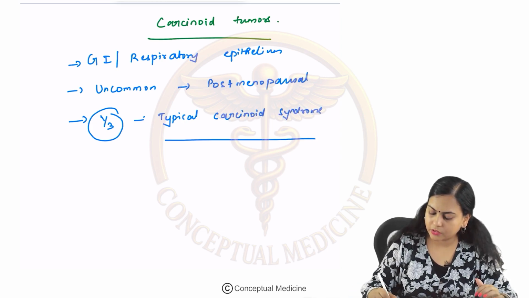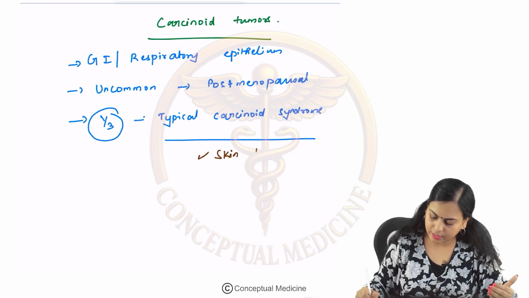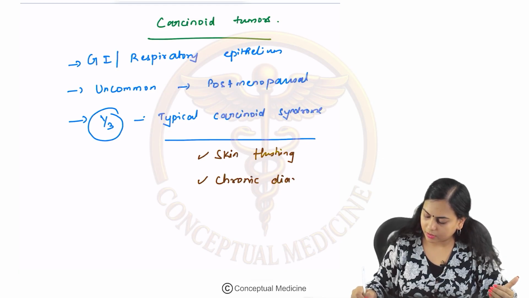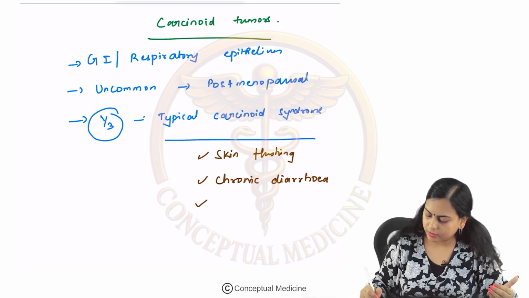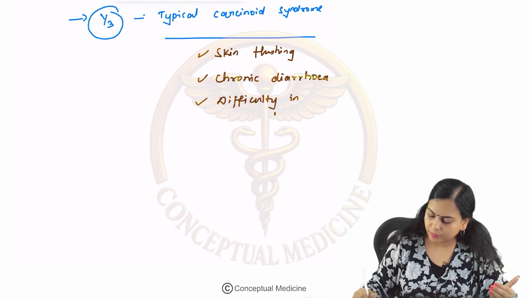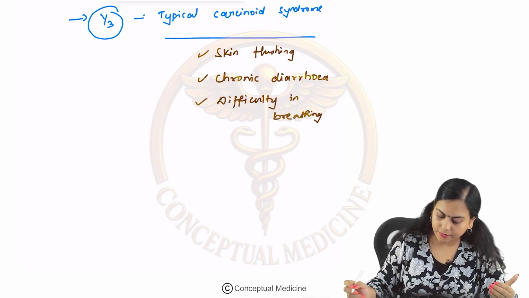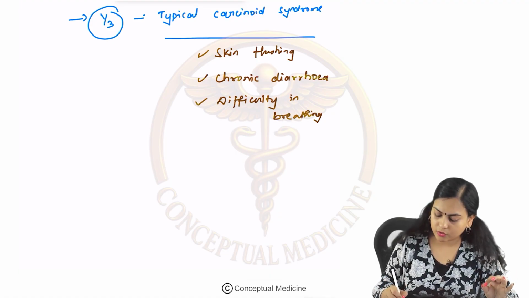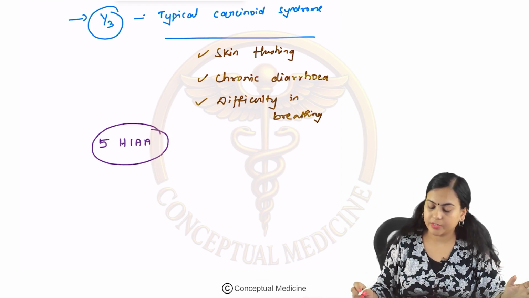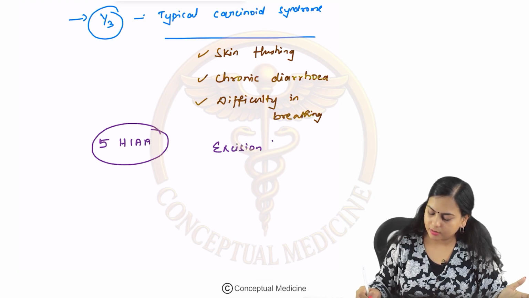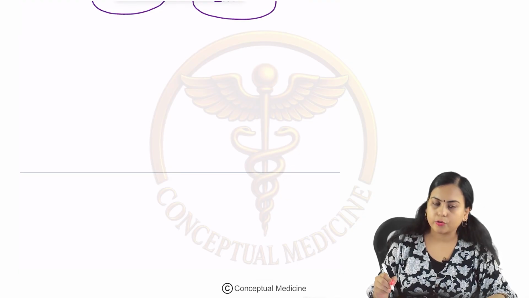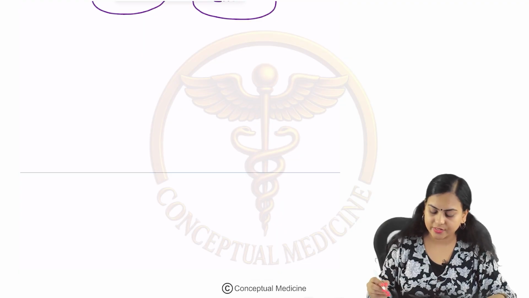The features will include skin flushing, or chronic diarrhea, or difficulty in breathing also. Clear? And remember, these tumors also produce 5-hydroxyindole acetic acid. And what is the management? Yes, again, the management is by excision.